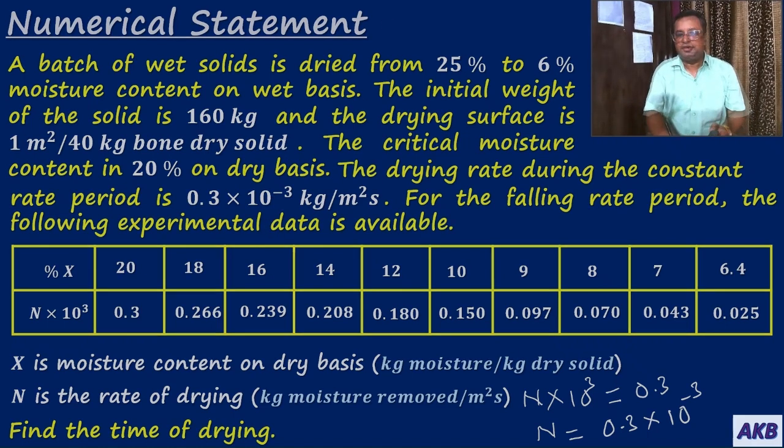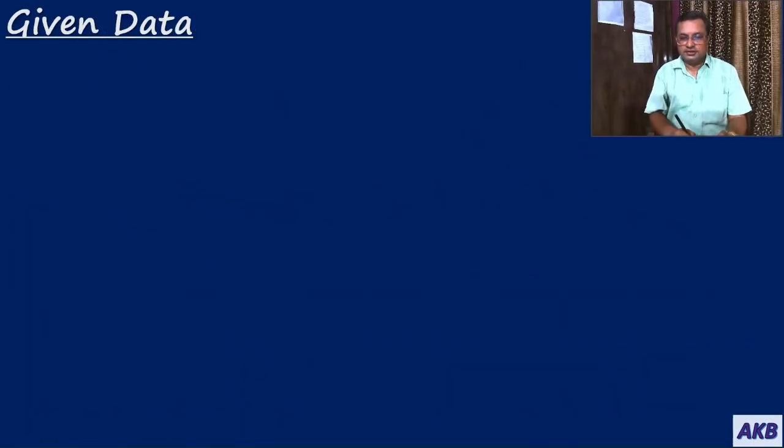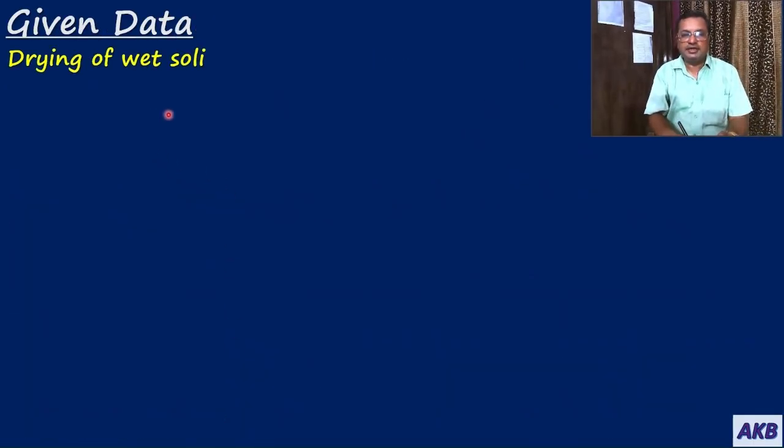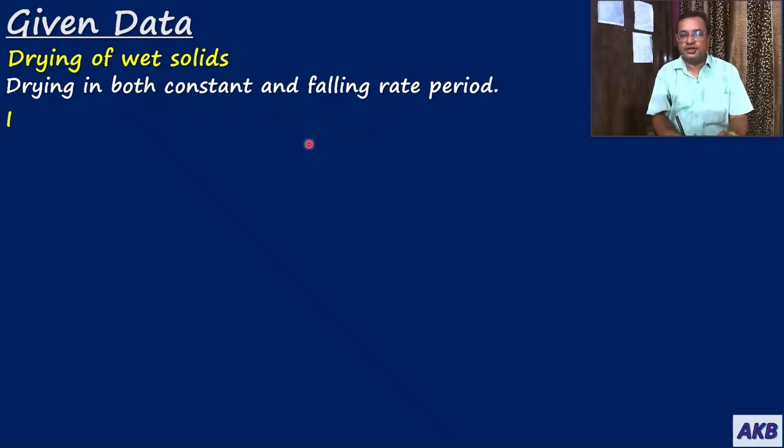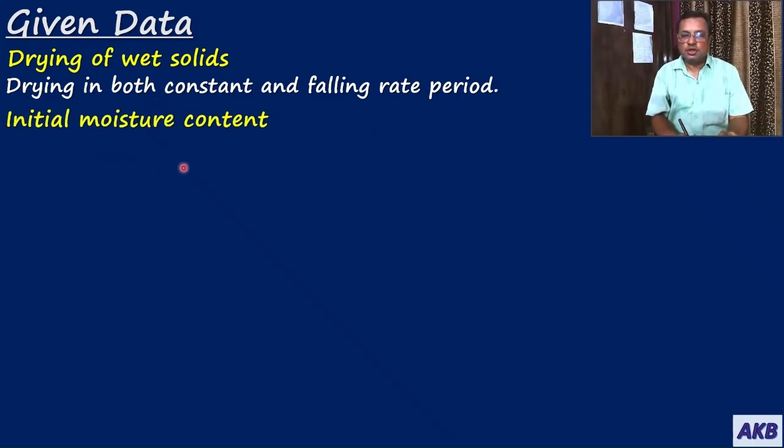Let us move ahead. Okay, so let us first list what is given to us, the given data. You have drying of wet solids, and in this case, drying is taking place in both constant and falling rate periods. Initial moisture content is given to us; since it is on weight basis, we denote it as percentage xi, and it is 25.